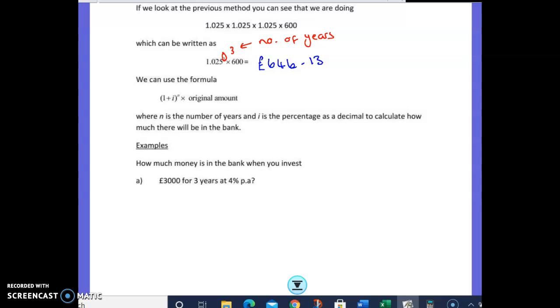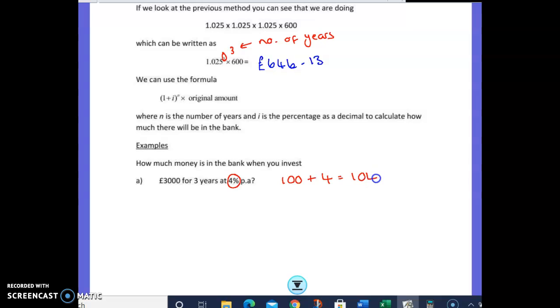Okay, first example then. How much money is in the bank when you invest £3,000 for 3 years at 4% per annum? I always start by looking at my percentage. So I've got here, it's 4%. So I started with 100. I get an additional 4.